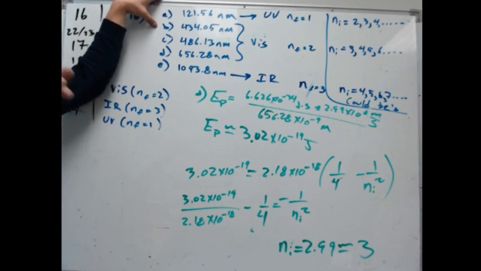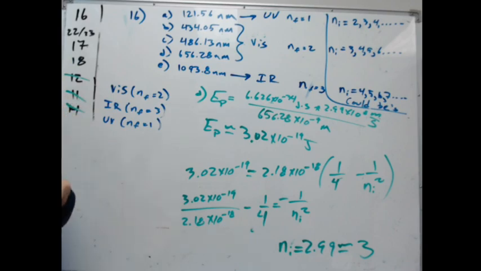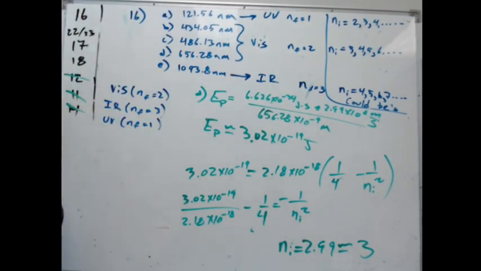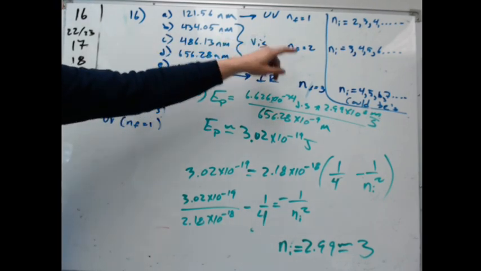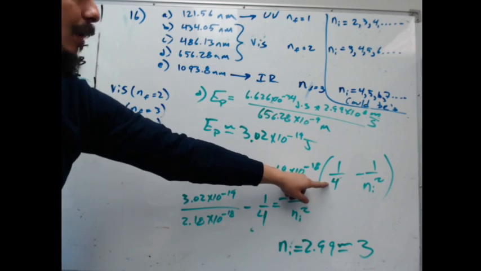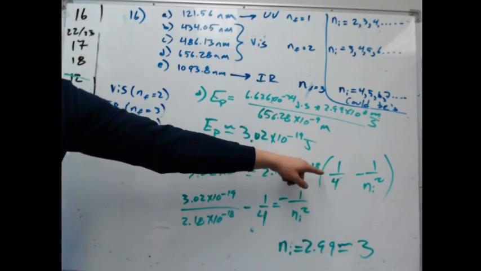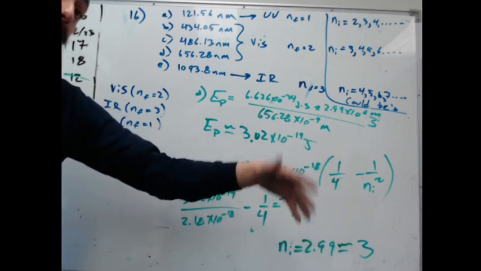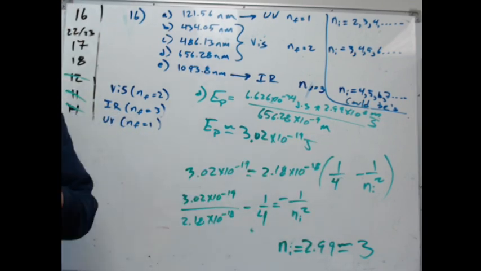So I see what you're asking about now. That's because what we're looking at for these wavelengths is energy difference, and when you change your n final, that's a dramatic change in your energy difference. In part A, this was like 1 minus something. For this part, it's 1/4 minus something. So that's 0.75 different, and that's where that difference is coming from.